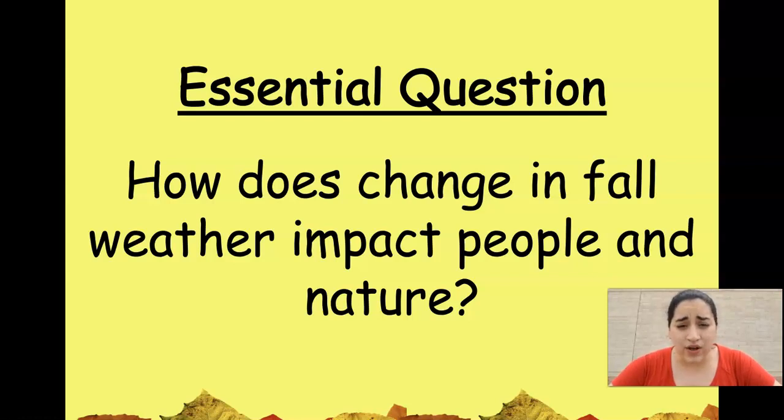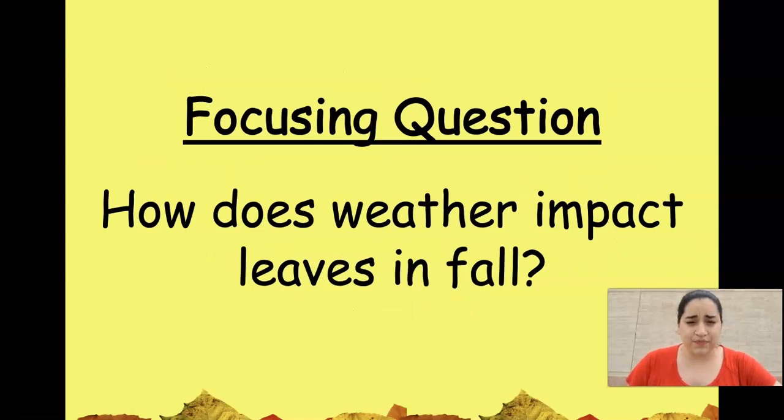So how does it impact this weather on people and nature? So we so far have discussed the little leaf hanging on the tree. We have talked about the chameleon changing color. How are they impacted when the weather changed? Think about it. Don't forget about those details because you're going to need it for your module test.